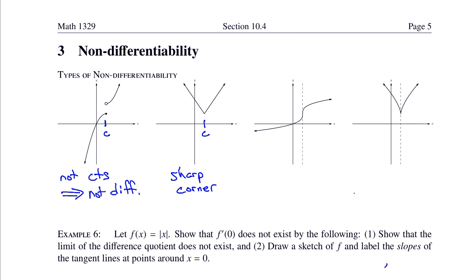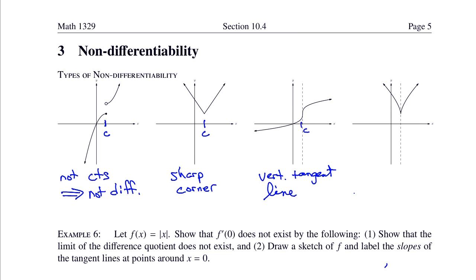The third one is not differentiable because you have a vertical tangent line at x equals c here. The connection to make is that the derivative evaluated at a point refers to the slope of the tangent line.